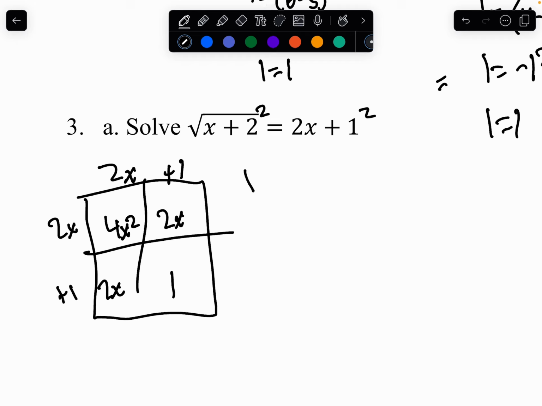So we got x plus 2 equals 4x squared plus 4x plus 1.